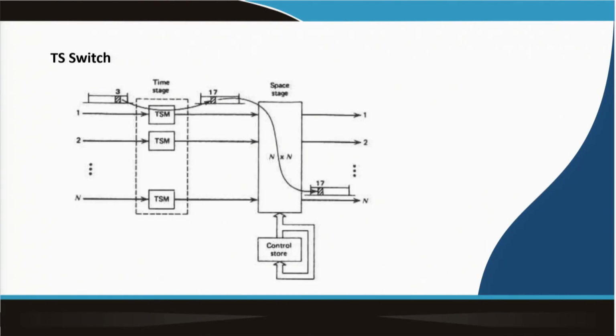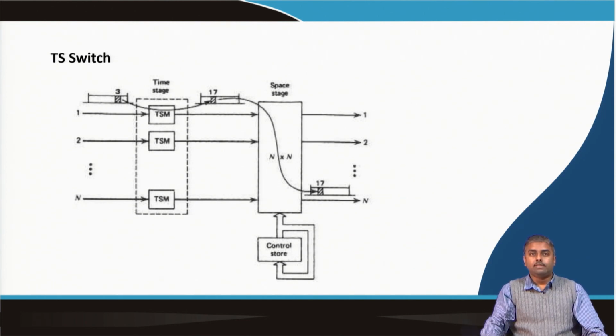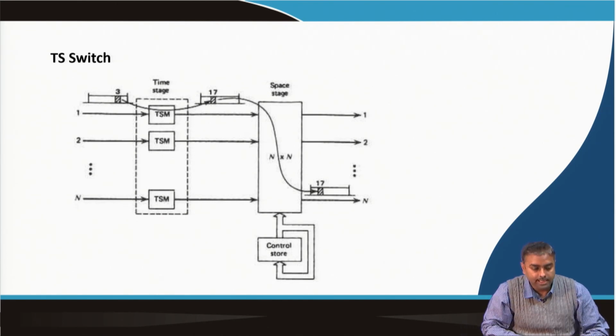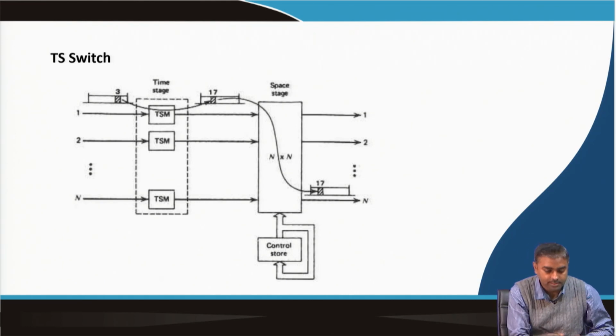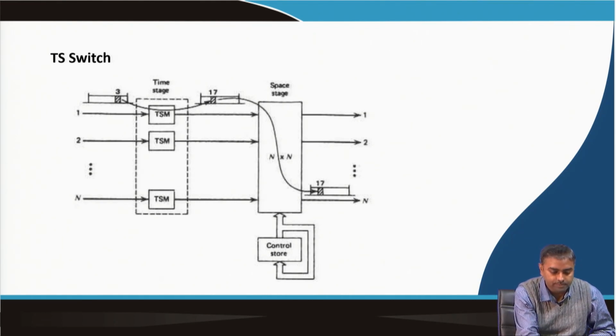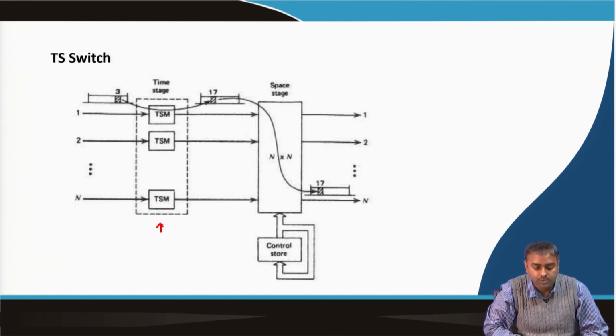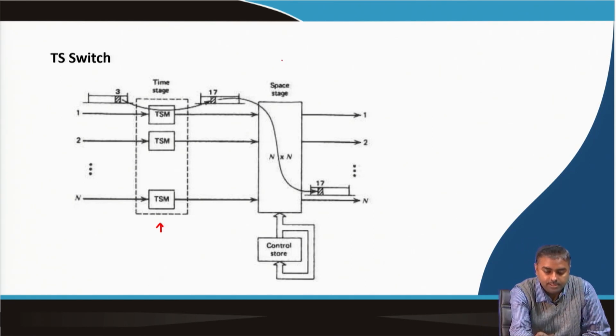We have already talked about the time slot interchange unit, which is an essential part of time switching. Now what we are trying to depict in this diagram is a time switch followed by a space switch. The first portion is a series of time switches followed by a space stage.